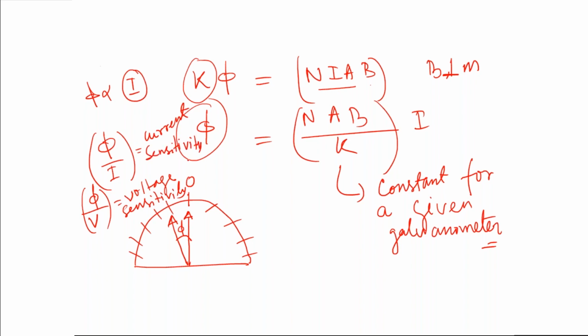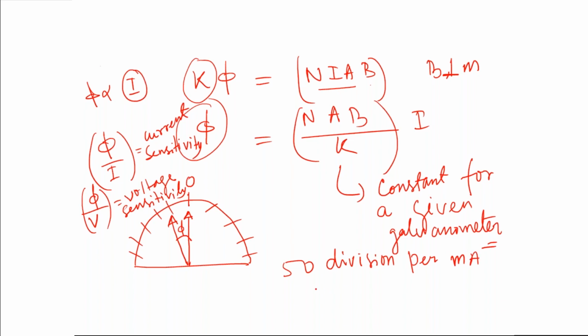Okay. Sometimes this current or voltage sensitivity will be given in terms of divisions also. Rather than giving the angular deflection as some angle in degrees, it can be given as divisions, suppose 50 divisions per milliampere. Okay, it can be given like that.